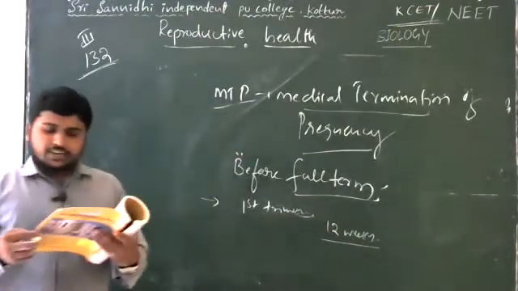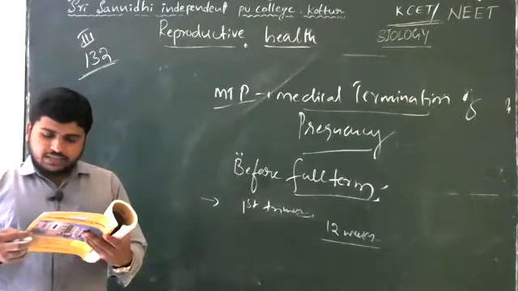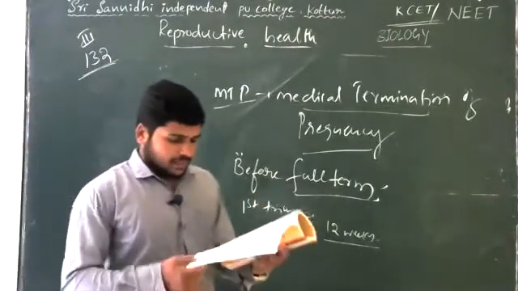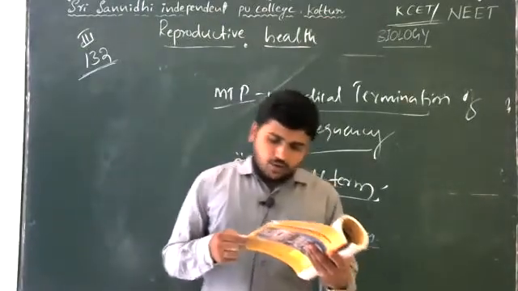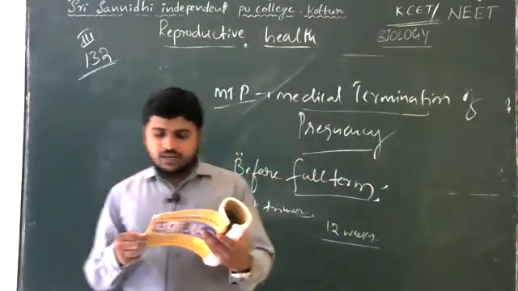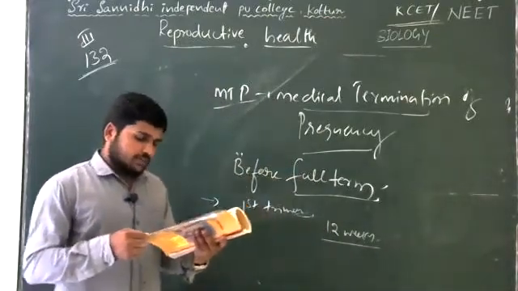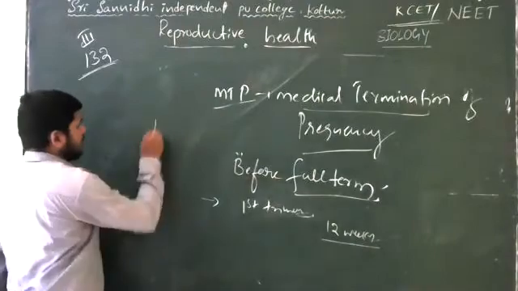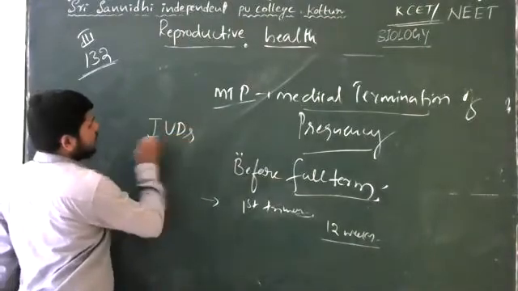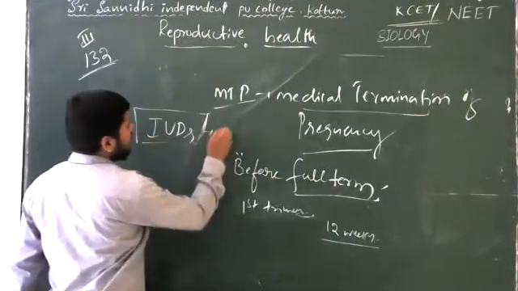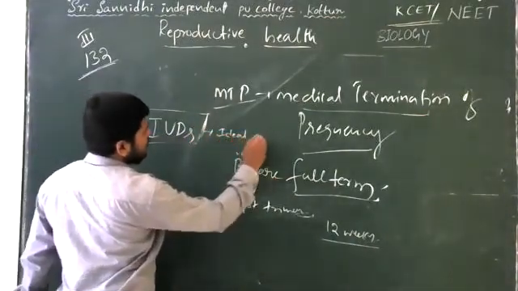MTP is considered safer up to 12 weeks of pregnancy. That means the first trimester. Next, which one of the following is the most widely accepted method of contraception in India at present? Cervical caps, tubectomy, diaphragms, IUDs. Remember, intrauterine devices are the most accepted contraceptive methods in India because they are ideal contraceptives.